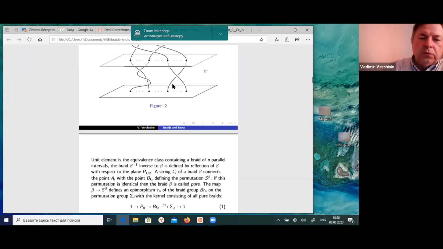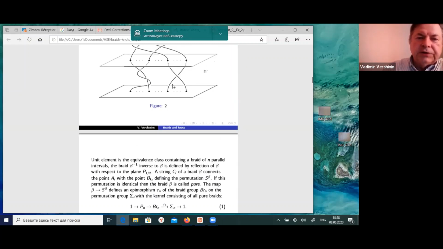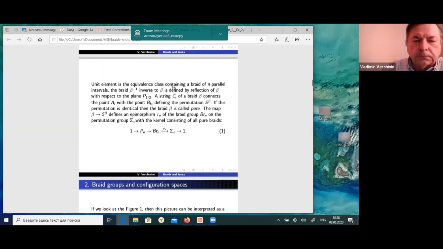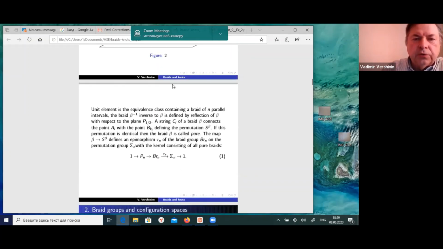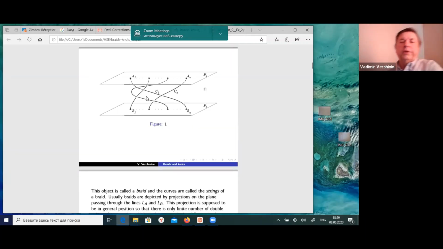So now you may consider all these things up to isotopy. So now the braid is not this picture with curves. It is called geometrical braids.